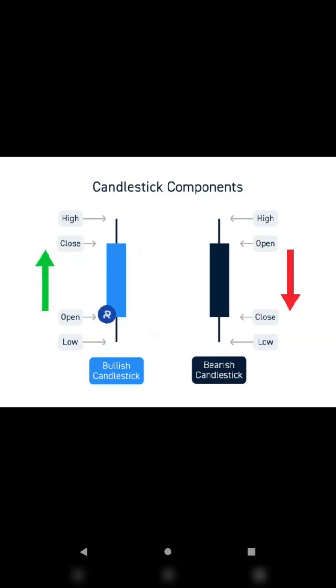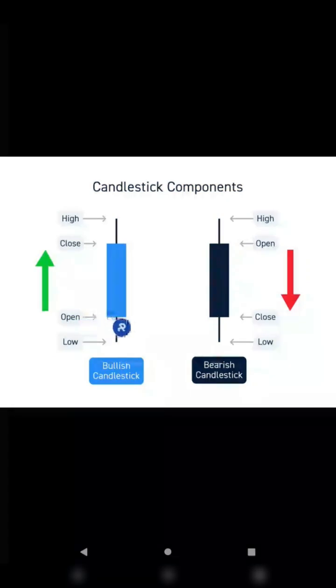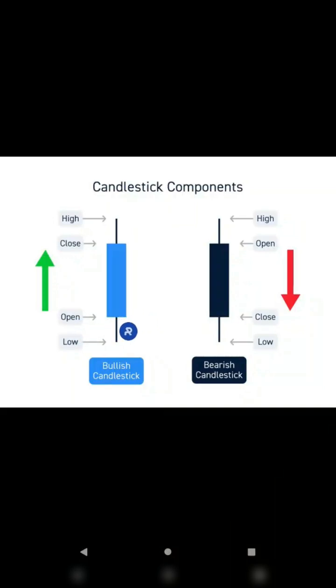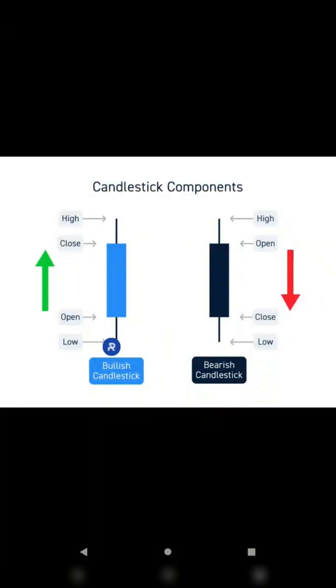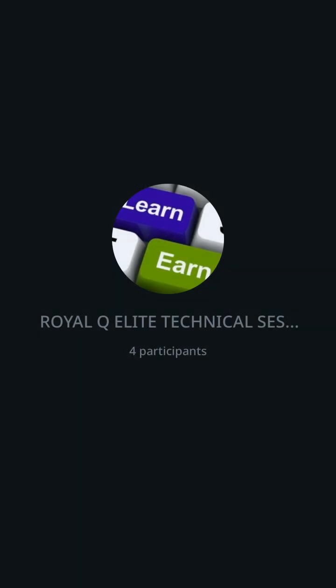Then we have the bottom part, we have the open price, the price at which the candlestick opened. It will show that price, and then how low the candlestick went, it would show the price when you tap on it with the cross share. I showed you all that.